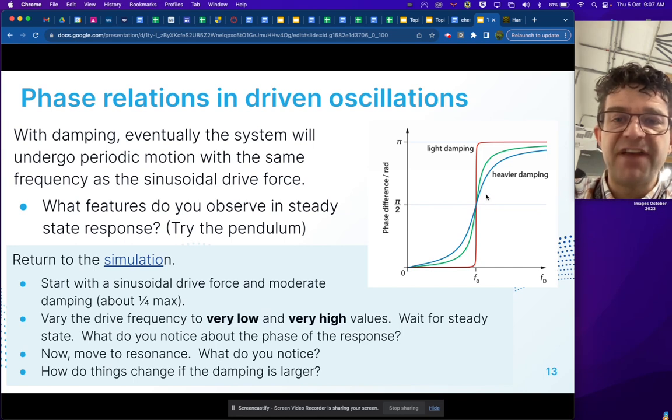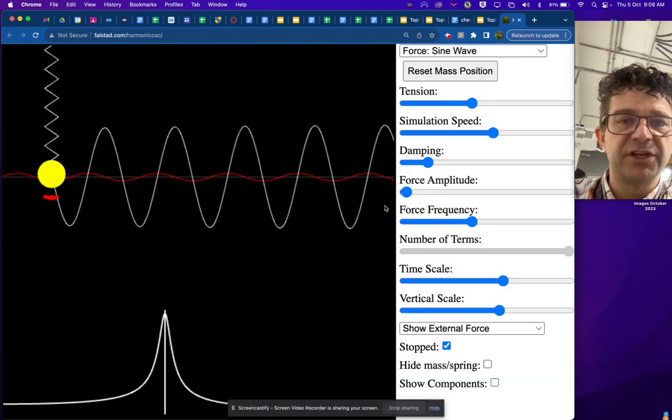And the phase difference takes on a very sharp transition when there is light damping, and is much easier to see happen gradually with heavier damping. So let's just look as we go through that.